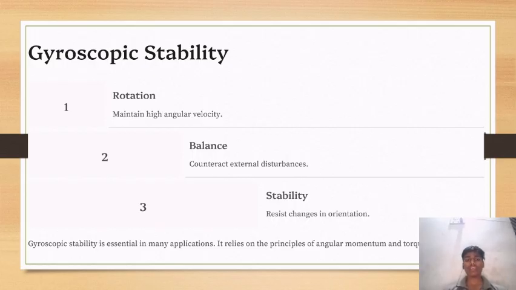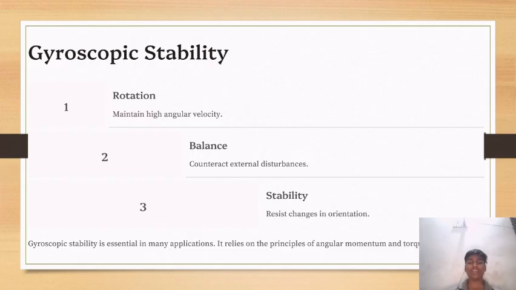It helps in balancing things, and it also helps in rotation. Stability is the main reason for a gyroscope. It helps in stabilizing things, as we have discussed about ships and aeroplanes. They are stable and can change direction easily due to this gyroscopic force or torque.